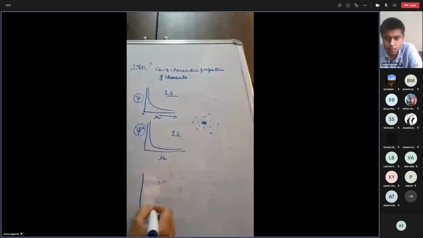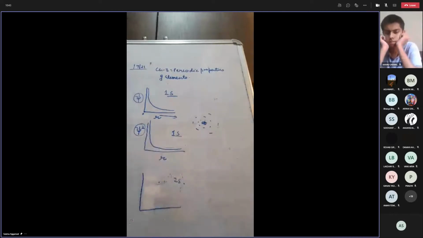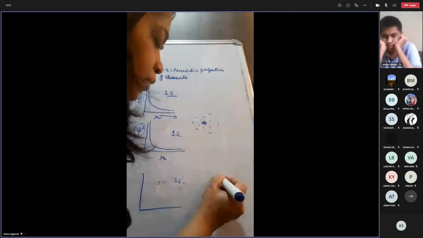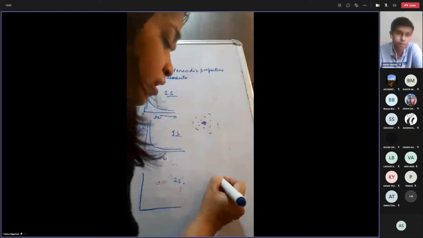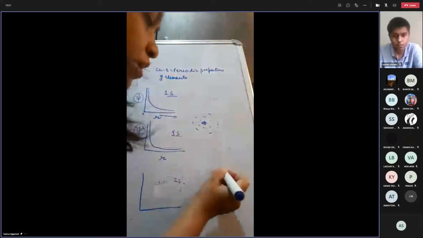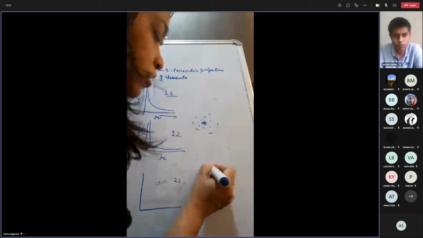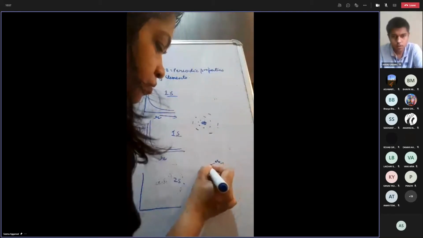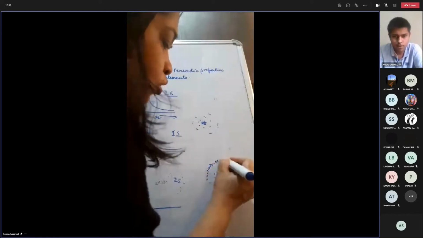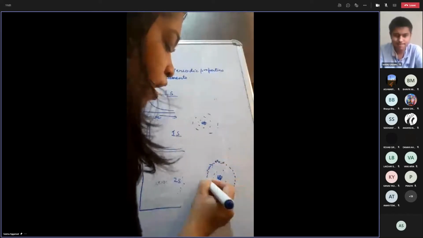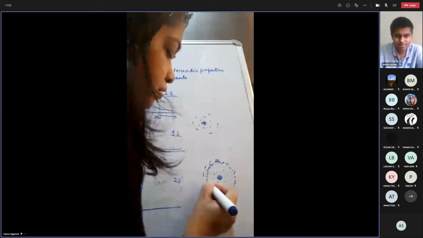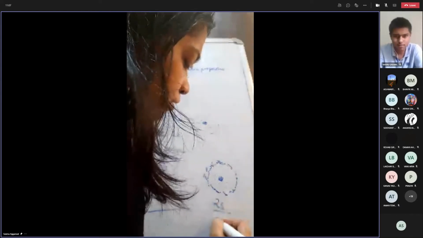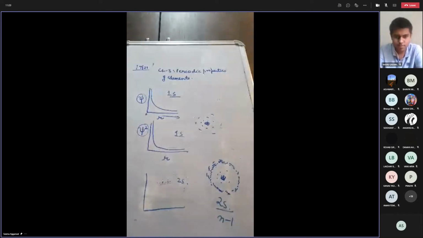Now, if we are doing it for the 2s orbital, if you remember the boundary surface diagram, initially the probability near the nucleus is very high, then it goes on decreasing, and again it increases. I told you, in the case of 2s orbital, what was the number of nodes? One node.